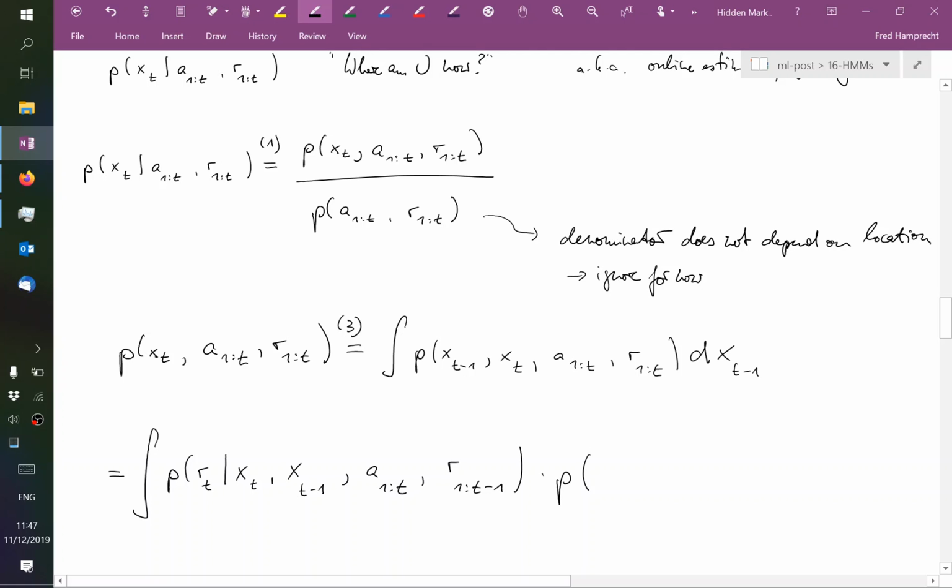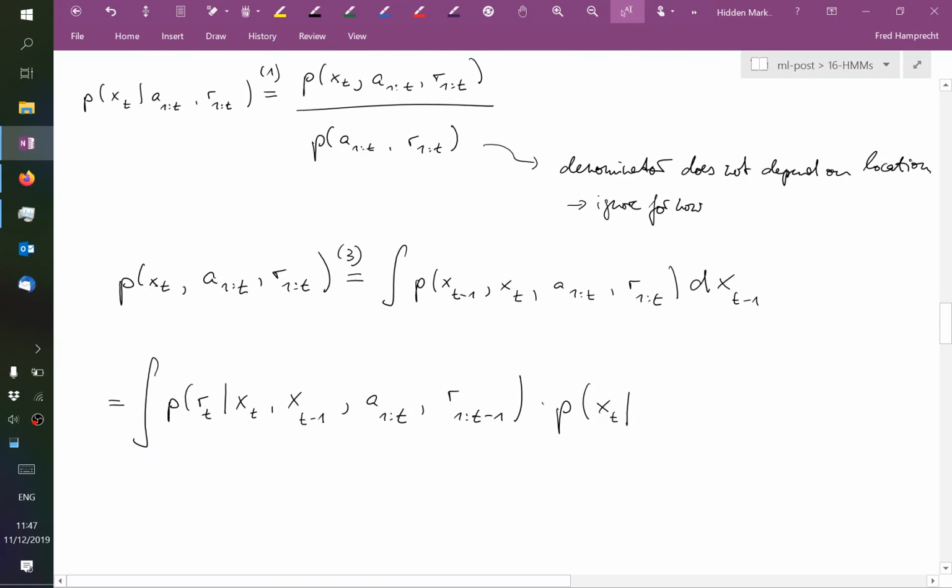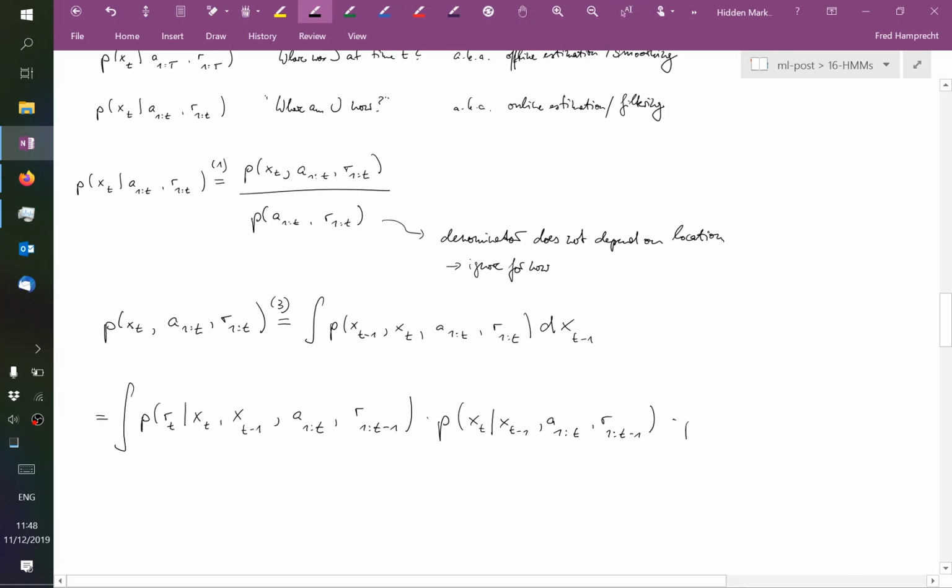Times the things that I have just conditioned on. Now I need the joint, x_{t-1}, a from 1 to t, and r from 1 to t minus 1.